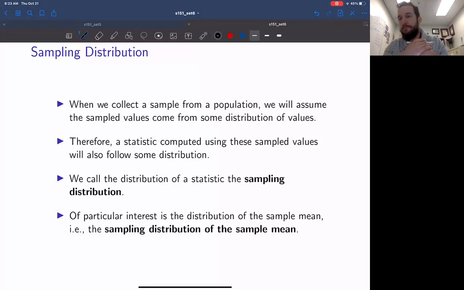For us, the statistic that we will be interested in describing through the majority of this course is the sample mean. There are a lot of reasons why we focus on the sample mean, but to keep it short, the sample mean has good properties, so it's a good estimator. In general, the sampling distribution is the distribution of a statistic. The sampling distribution of the sample mean describes the distribution of the sample mean.